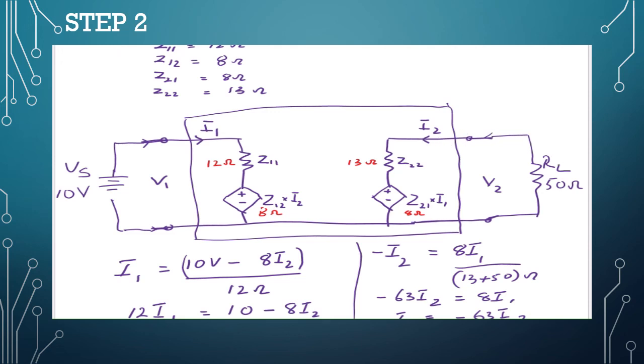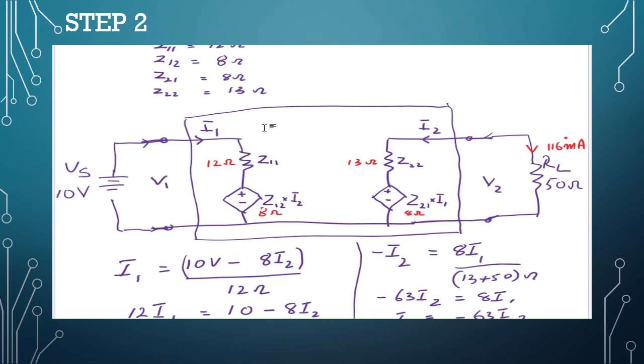So we have that the current through the load is actually, let me change color of the pen, the current through the load is in this direction, 116 milliamps.